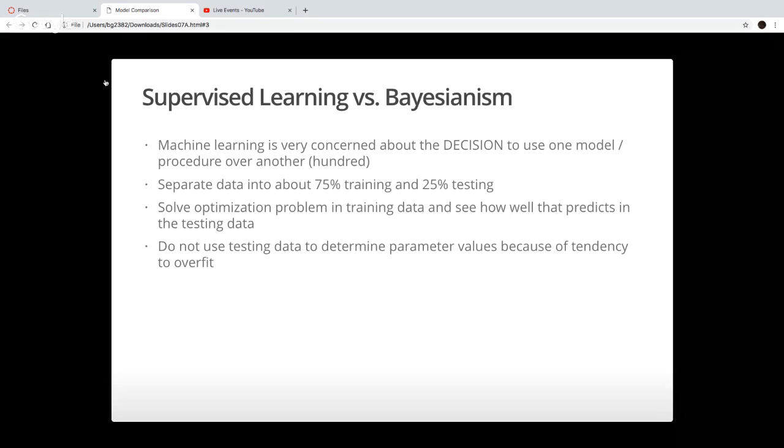And then you solve some optimization problem that defines your quantitative methods using the data from the training subset only in order to get those estimates of the parameters. And then you plug those estimates of the parameters into your prediction function, predicting the outcome in the testing data.